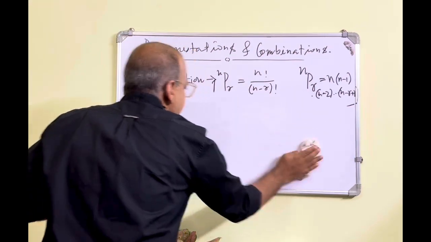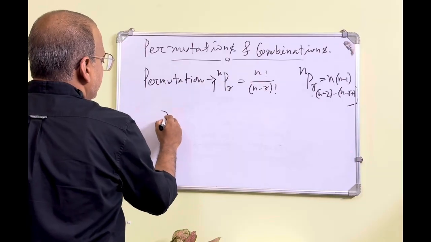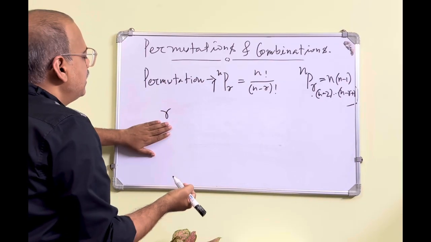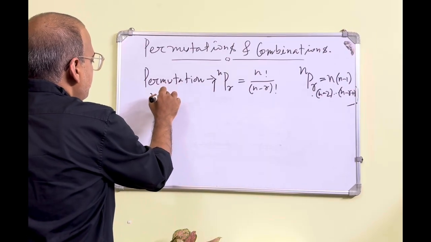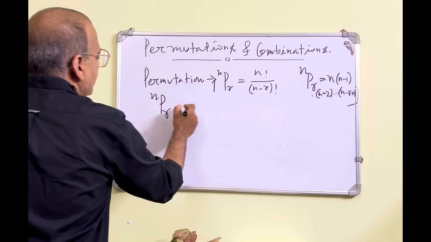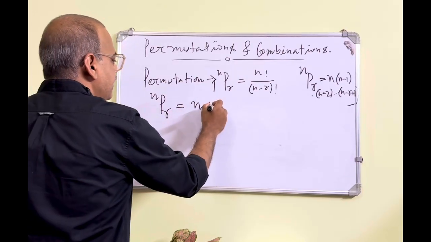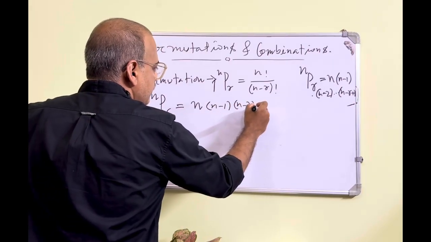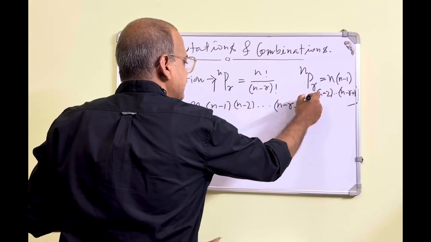So if we generalize this, to choose r, I need to permute r from n. It will definitely go n, n minus 1, n minus 2, all the way till n minus r plus 1.